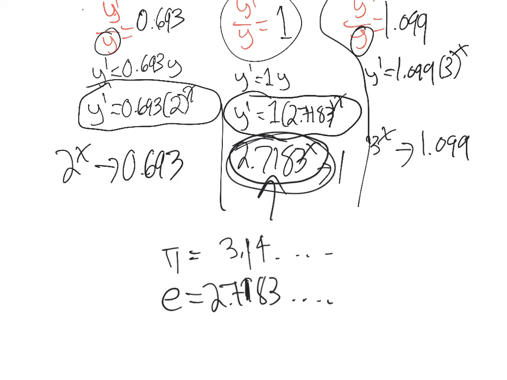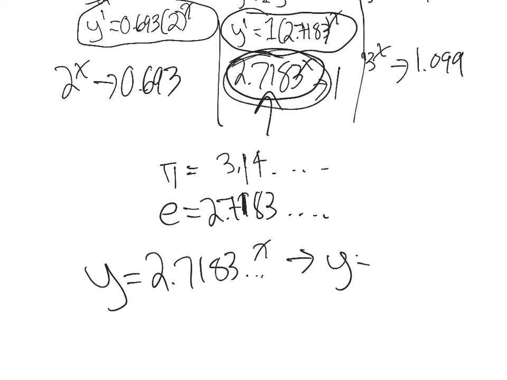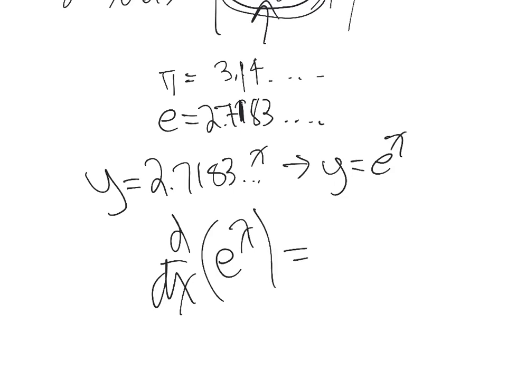It's an irrational number. So if we have the equation y equals 2.7183 to the x, we actually write it as y equals e to the x. And a really cool thing is that d by dx of e to the x is just e to the x.